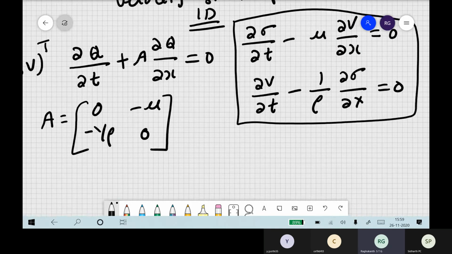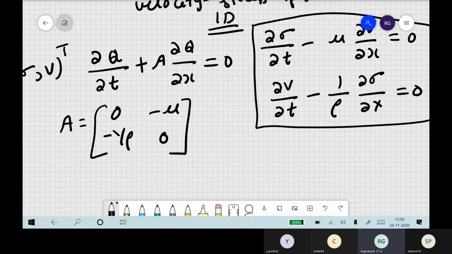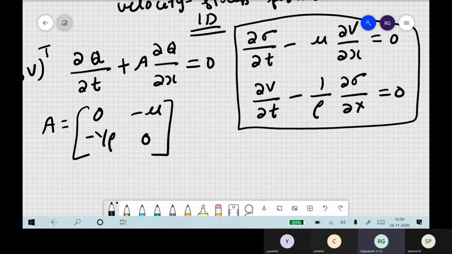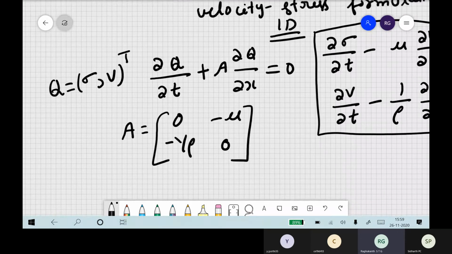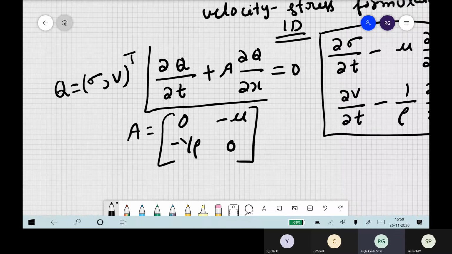So the velocity stress formulation which we have done, these are all first order, and I can combine them in a matrix format. So I can write my wave equation in this form itself.